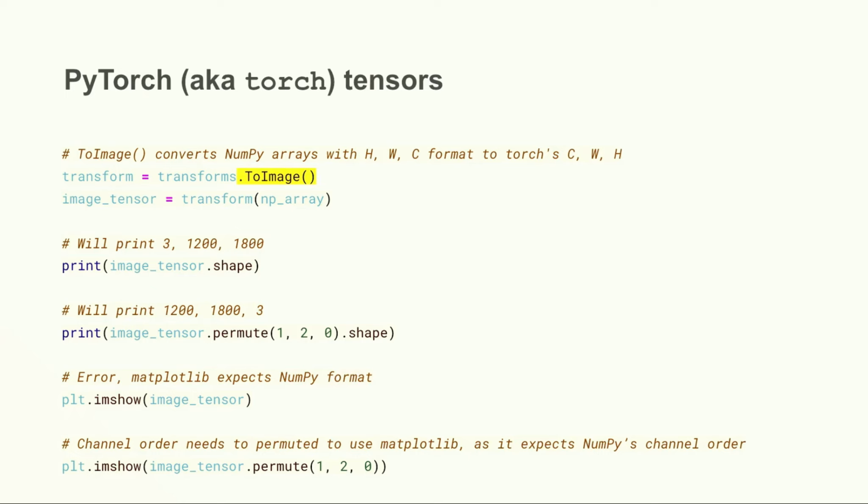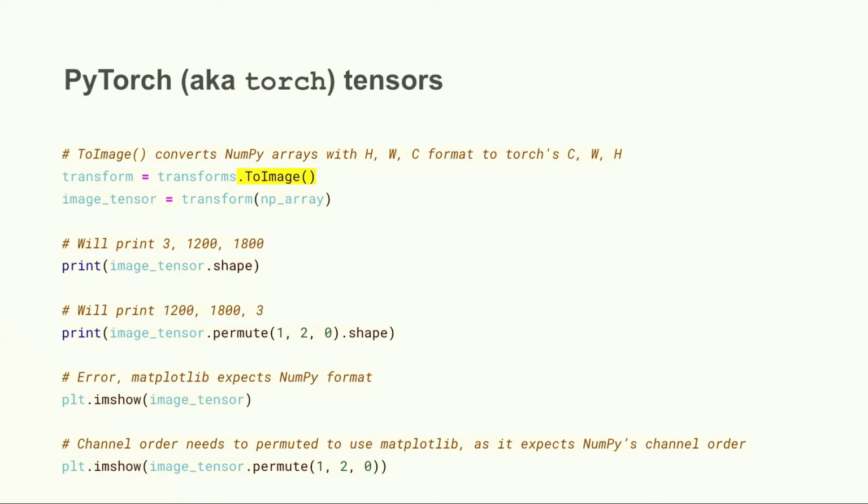So PyTorch tensors also have a different dimension order, which is CHW, channels, height, and width. This is different than the order that we have in NumPy, which is height, width, and then channels. The to_image function handles a conversion from NumPy's format to PyTorch format.